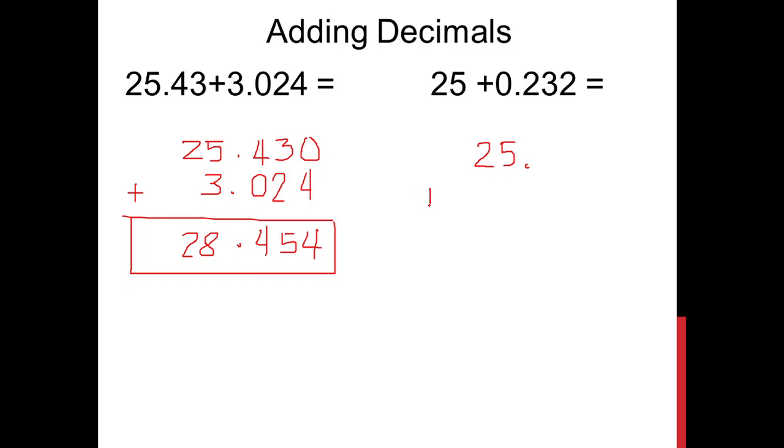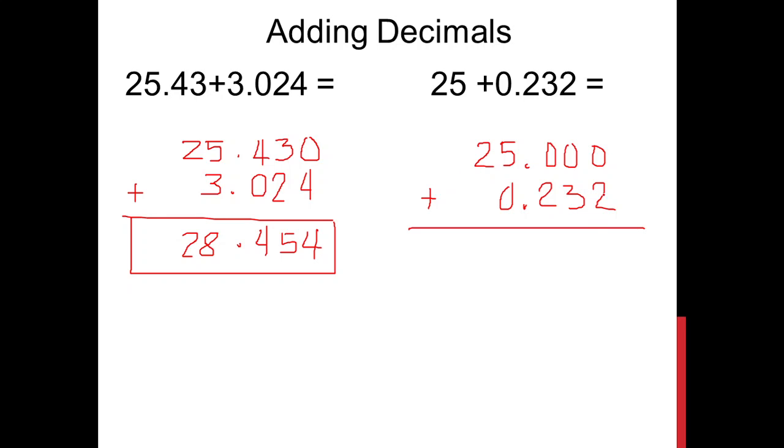Okay, so let's add the next number, 0.232. Let's just add zeros here so that there's a number aligned to one another. Adding zeros here will not change the value, because we have the decimal point here.